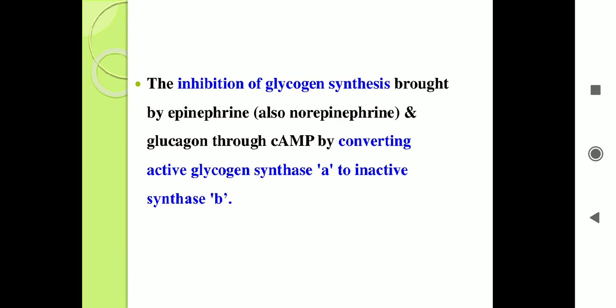Then the inhibition of glycogen synthesis is brought about by epinephrine, which is a hormone, and also norepinephrine and glucagon, through cAMP, by converting the active glycogen synthase A to inactive synthase B.